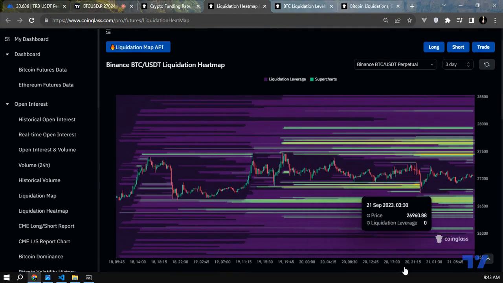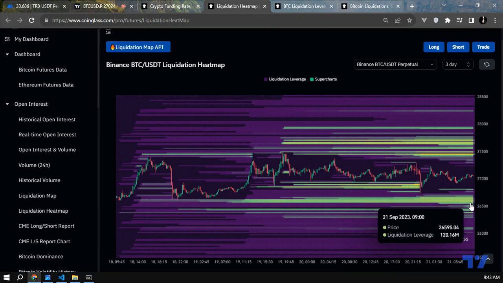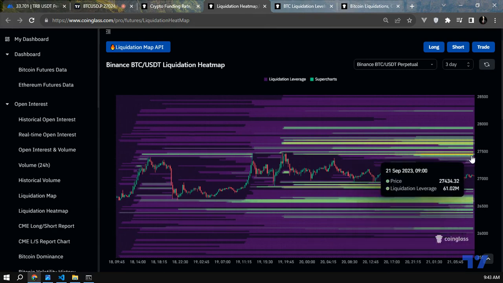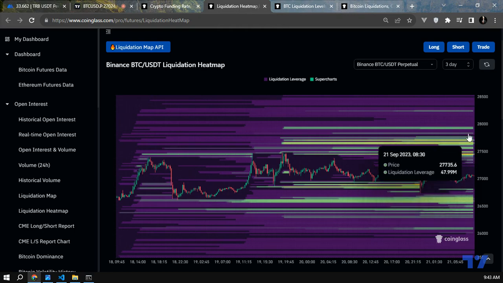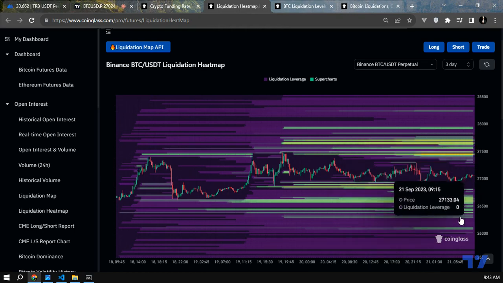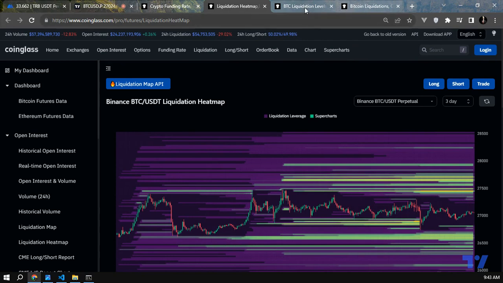All right, so this is the heat map that we're looking at. Yesterday we cleaned this area. As we can see, we still have some more around this area, and we have this yellow cluster, which is the biggest one. It's 27,477, and it goes all the way up to 28K or below 28K.